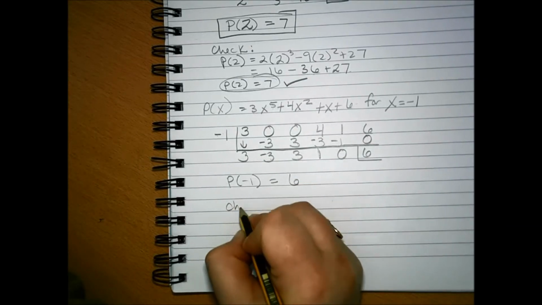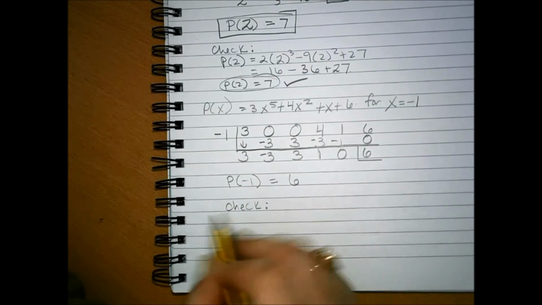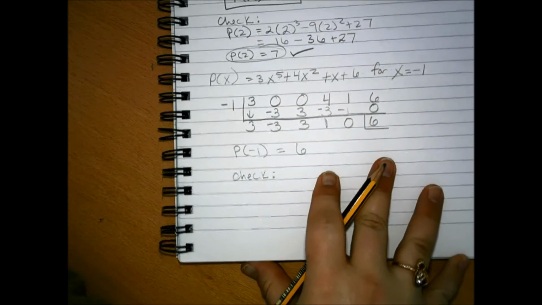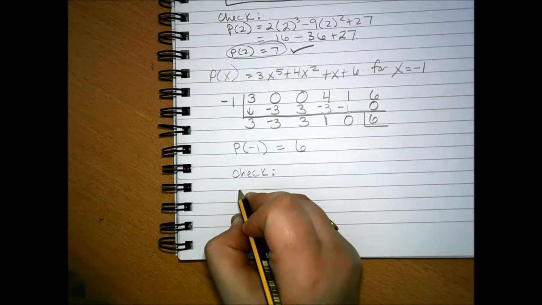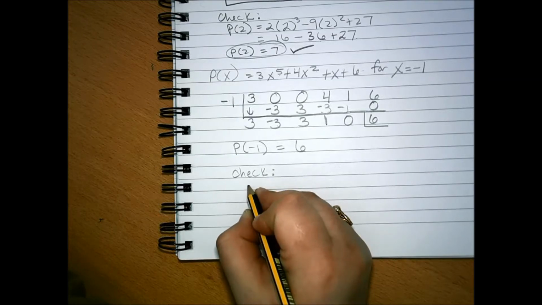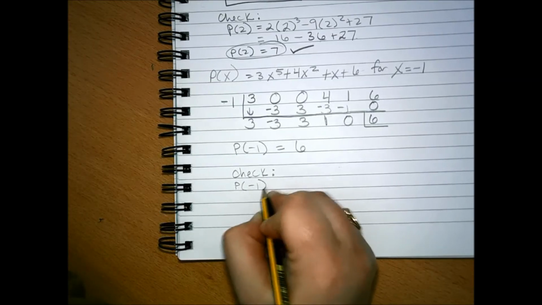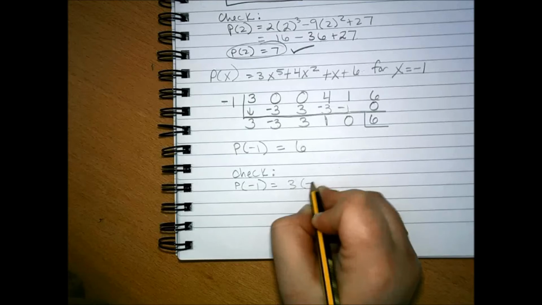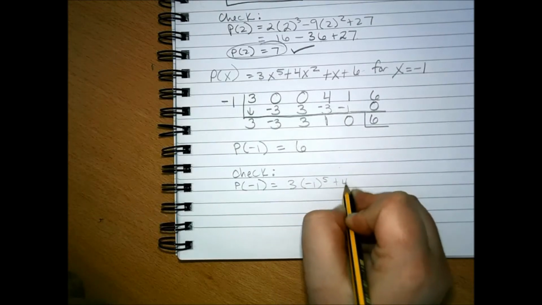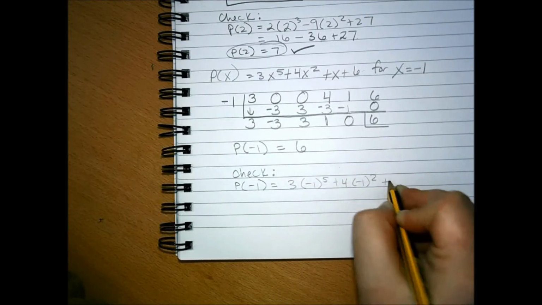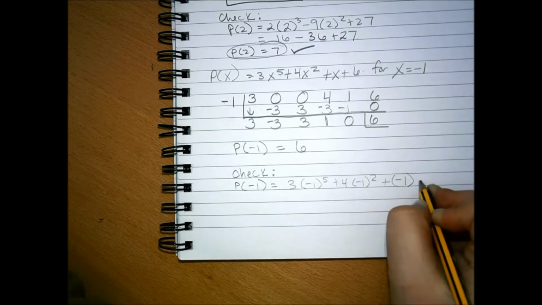Again, you do not have to check it in your homework. I'm just doing this to show you that it's actually true, so you don't think that I'm pulling the wool over your eyes. So we have 3 times negative 1 to the 5th plus 4 times negative 1 squared plus negative 1 plus 6.